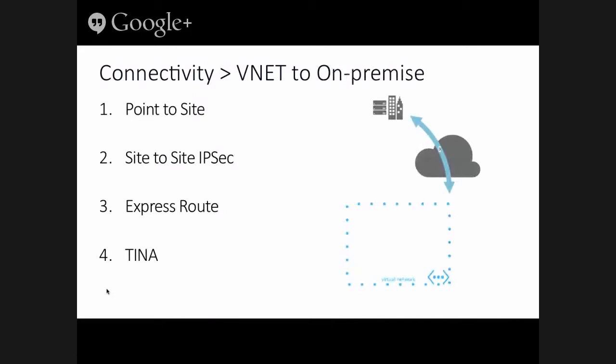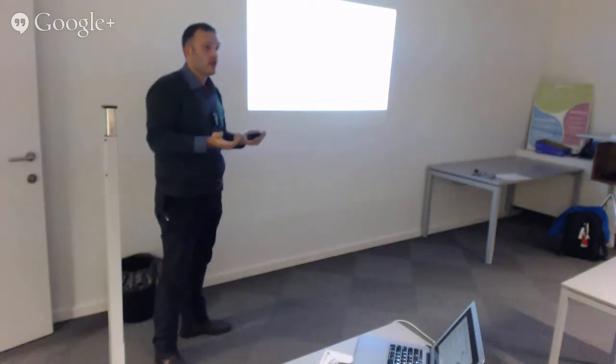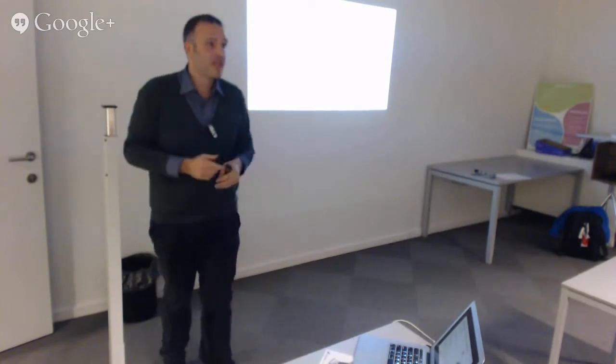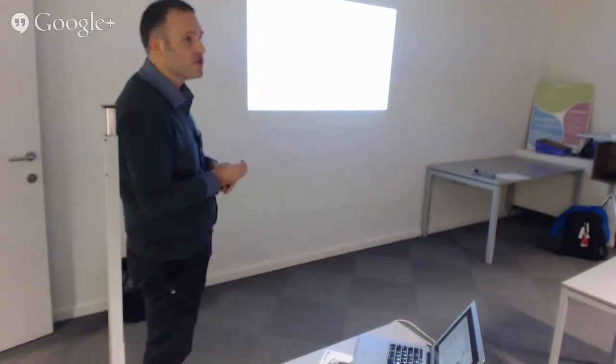Third part, how do we get from a VNet, from a virtual network, to our on-premise? How can we get our users to connect to that virtual network to connect to their web services, to their database, or whatever service that is offered within that VNet? First one, point-to-site, just one client connected into the VNet, and you're done. If you don't have a lot of users, it doesn't take that many steps to configure it.